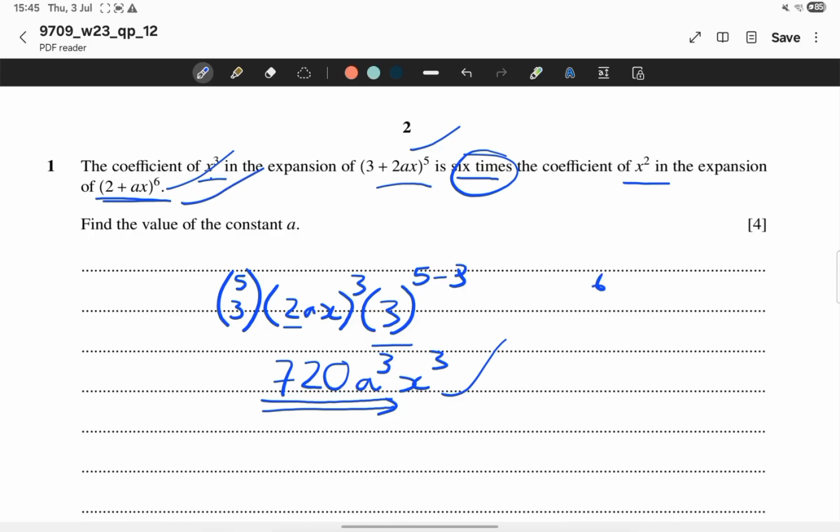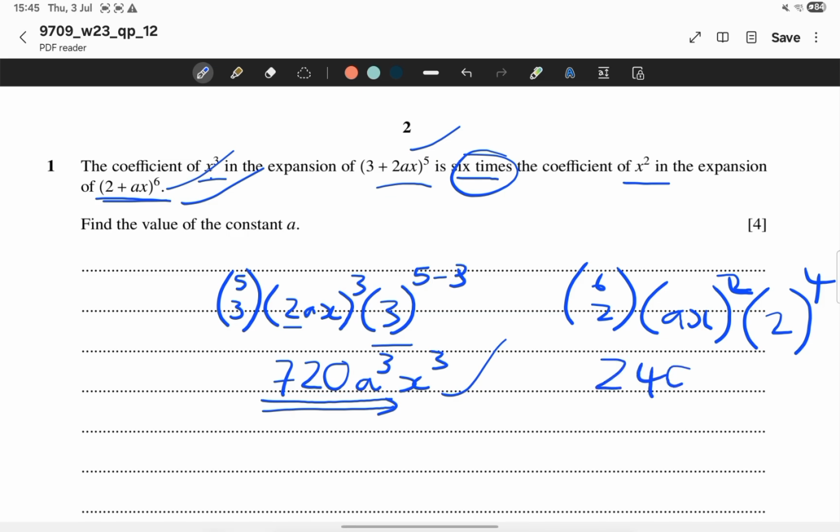We say 6 choose 2, (ax)^2, 2 to the power 4, because that's 6 minus 2. Then 6 choose 2 times 2 to the power 4, we get 240 a^2 x^2, meaning this is the coefficient of x squared in the second expression.